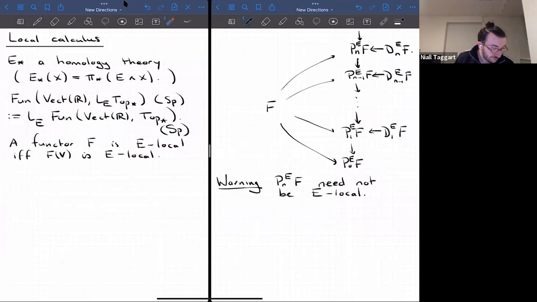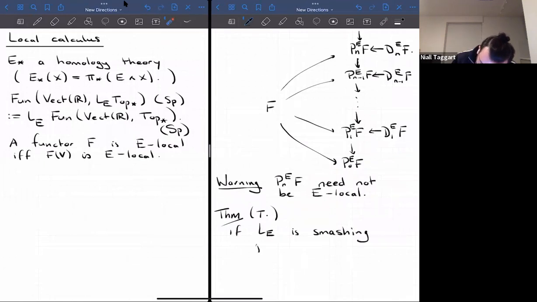So a theorem, I guess, if I want to be generous to myself: if the localization functor is smashing, then P_n^E of F is E-local.